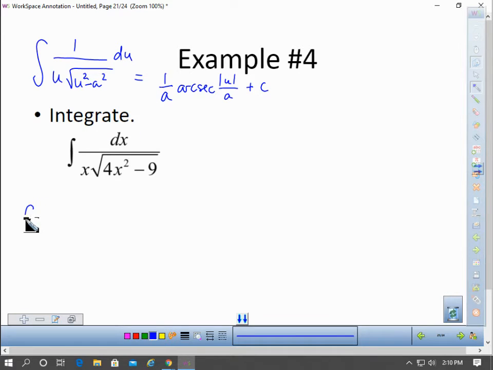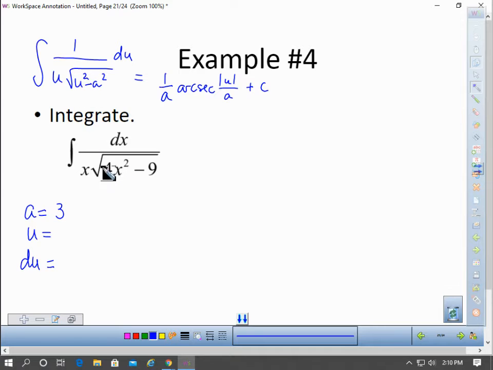All right, so I need to figure out what a is and what u is, and then figure out the du. Okay, so my a value on this is minus a squared. So this is minus a squared, so that means that a is 3. And then my u is, the u is in the front, and then the u is here with the squared quantity.